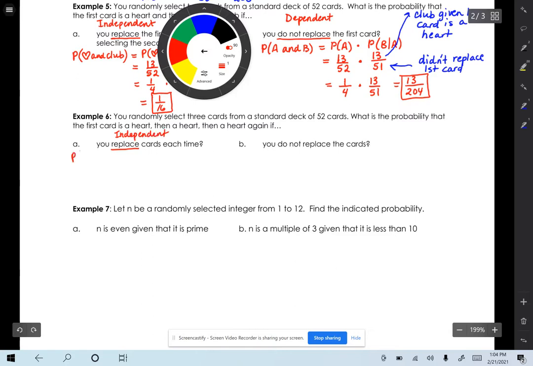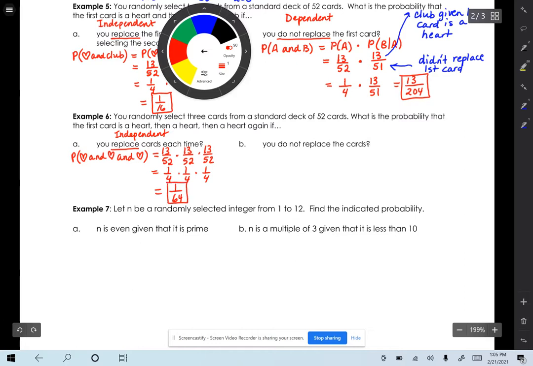So the probability that you'll get a heart and a heart and a heart is equal to 13 out of 52 times 13 over 52 times 13 over 52. It's 1/4 times 1/4 times 1/4, which is 1 over 64. That one's not that hard to understand.